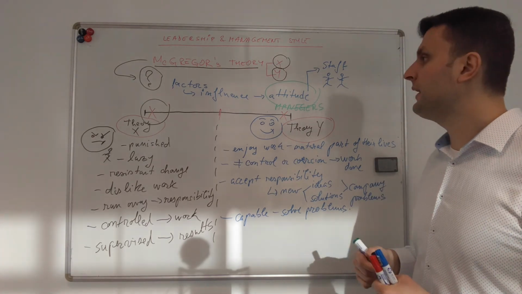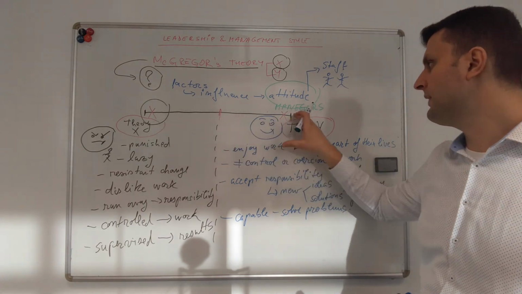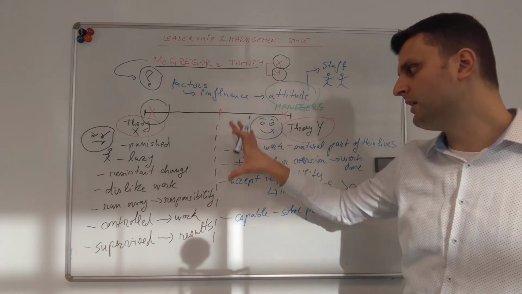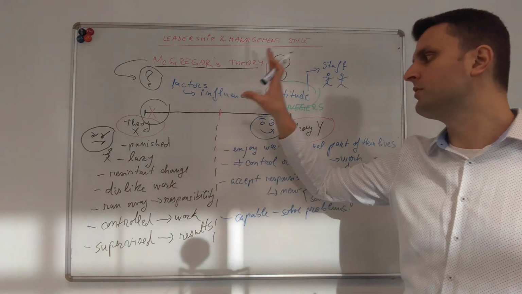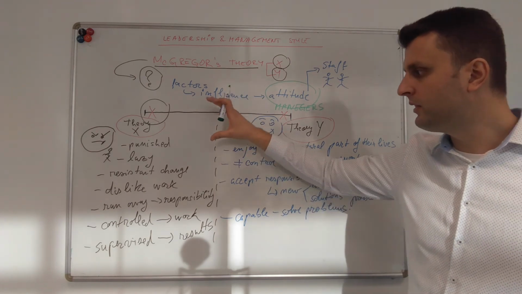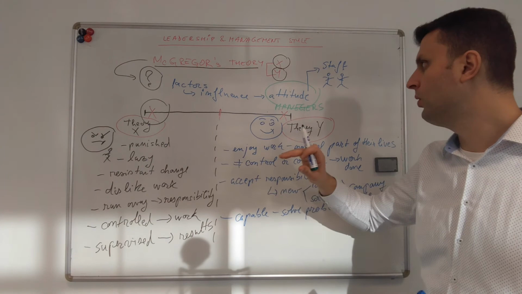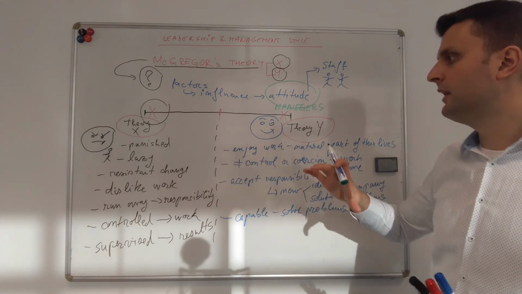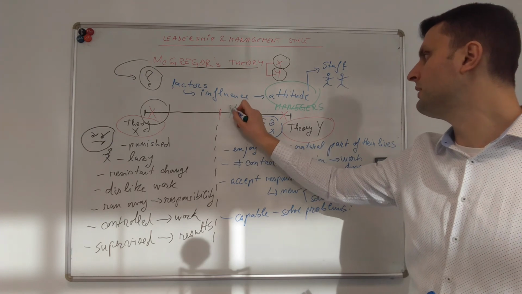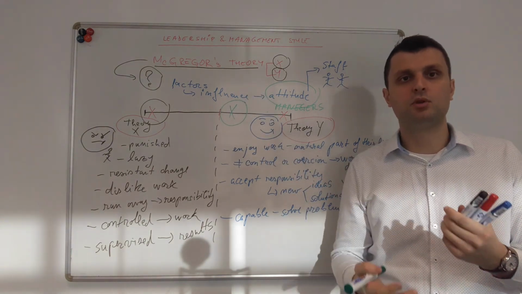So I would recommend personally that you be somewhere close to the middle, knowing about this theory and having in mind what it actually involves, perhaps updating some of these mentalities, attitudes or approaches in a way that gets closer to Theory Y, so that in the end you can have some sort of balance.